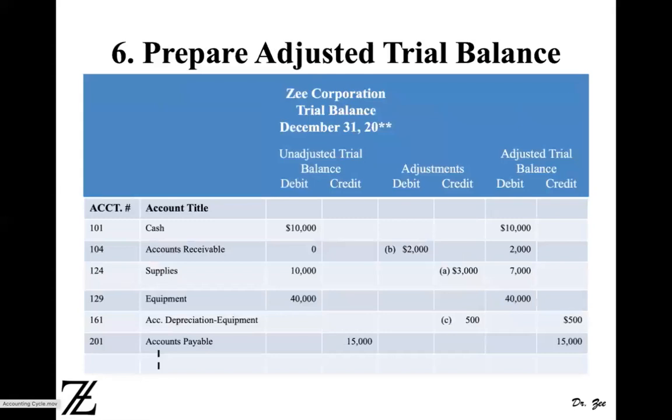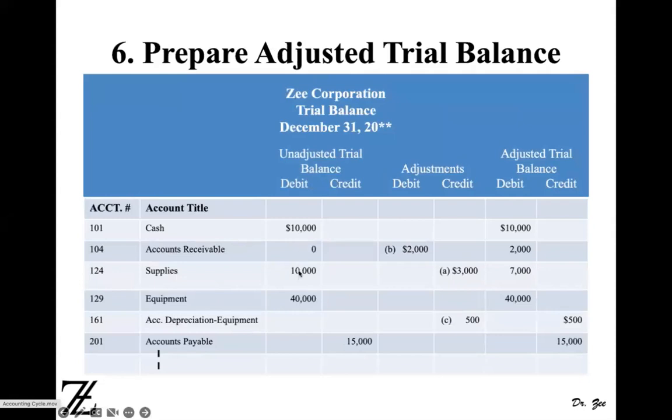We then move on to prepare the adjusted trial balance. Before we had the unadjusted trial balance, now we have the adjusted trial balance. We list all the items we have in the unadjusted trial balance in the order they appeared, starting with current assets, then long-term assets, current liabilities, long-term liabilities, and so on and so forth.